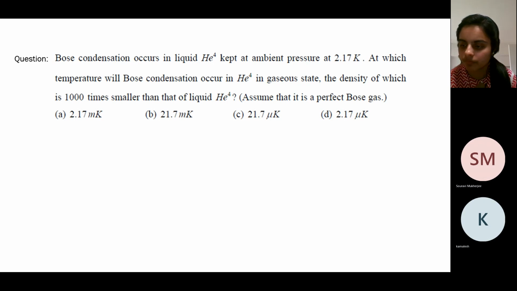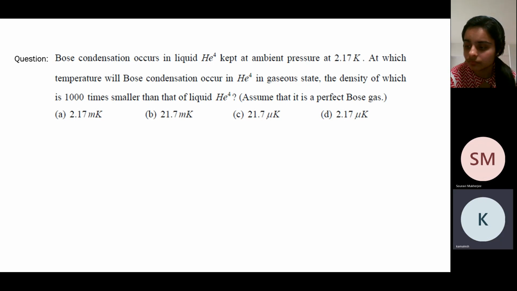Yes, ma'am. Ma'am, critical temperature is directly proportional to the density to the power 2/3, right? Right.